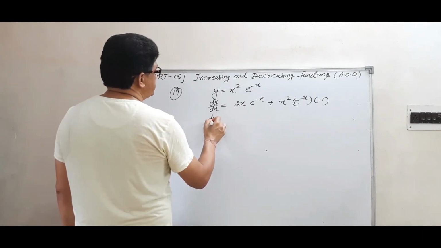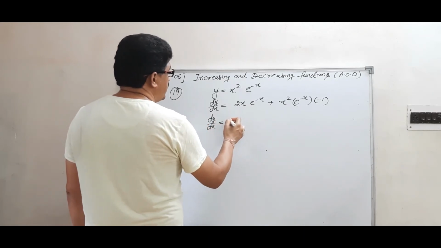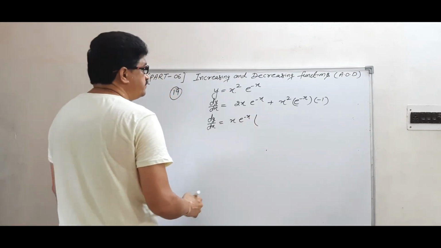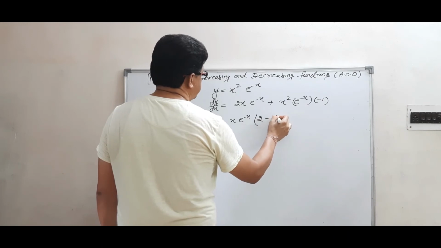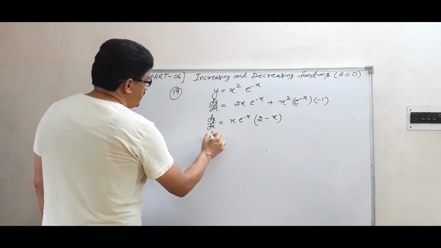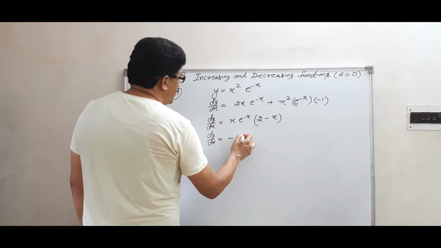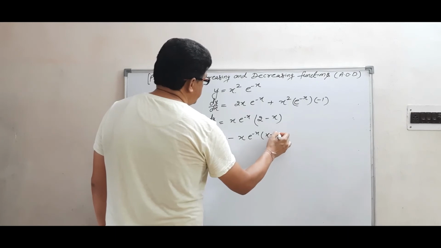dy by dx is equal to x common, e raised to minus x common. So you'll get 2 minus x. dy by dx, minus common x, e raised to minus x, x minus 2.